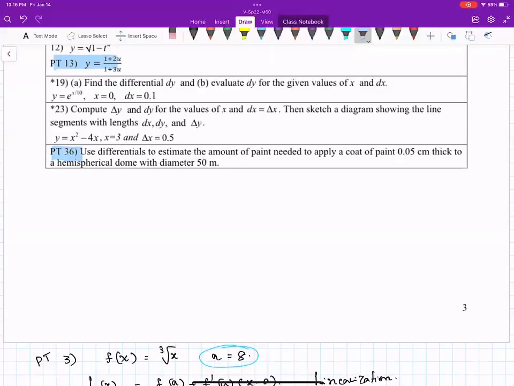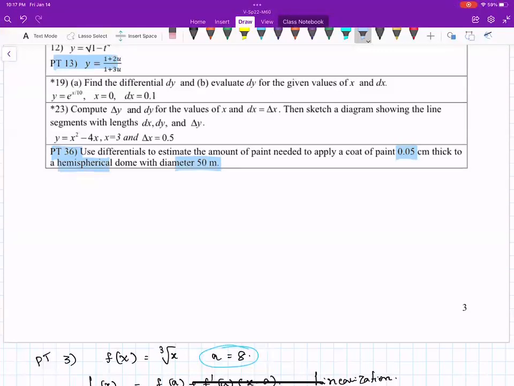Let's try one word problem, which is on the practice exam, number 36. Use differentials to estimate the amount of paint needed to apply a coat of paint 0.05 centimeter thick to a hemispherical dome with a diameter of 50 meters. So we are looking at a spherical dome. It is about paint, so we are looking at the volume.